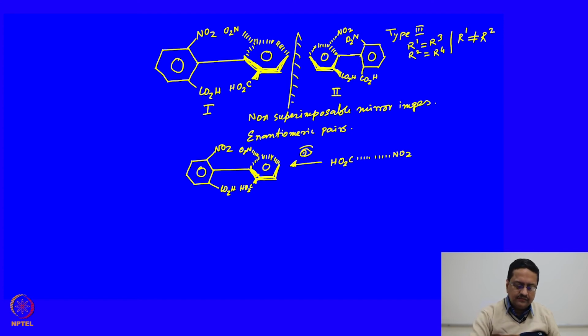That is on the front carbon 1. On the back carbon 2, we have two groups like that, NO2 is above and CO2H is below, and they are actually pointing towards me. So, those two groups should be drawn with the above the plane notations.